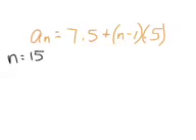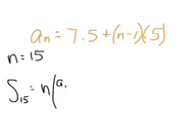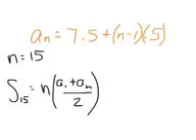Again, the equation for finding the sum of the first 15 in this case would be S sub 15 equals n times a1 plus an, divided by 2. Now what this n is standing for is how many terms am I summing? Whether I'm summing 5, 15, or 100, I can put whatever number I need in there. And in this case, I'm going to put 15 because I'm summing the first 15.